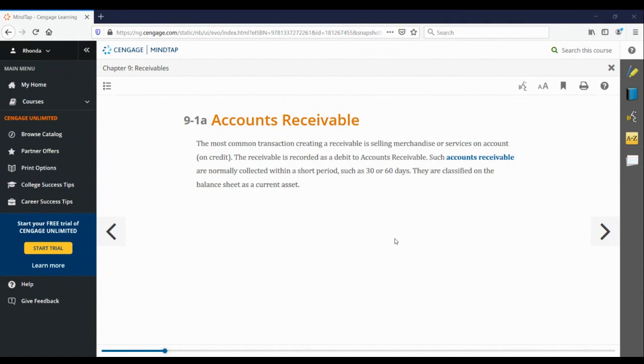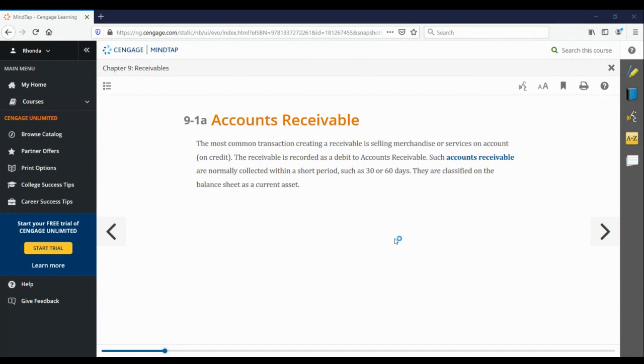It can be collected in 30 days or 60 days or even 120 days. But accounts receivable is usually generated because we have sold merchandise to our customers on account, or we've sold services to our customers on account, which means that they're going to be paying us later.